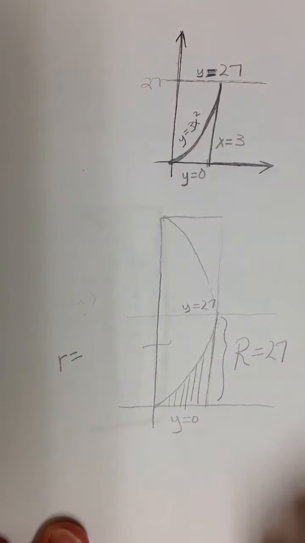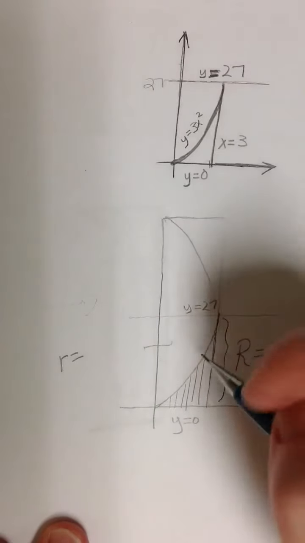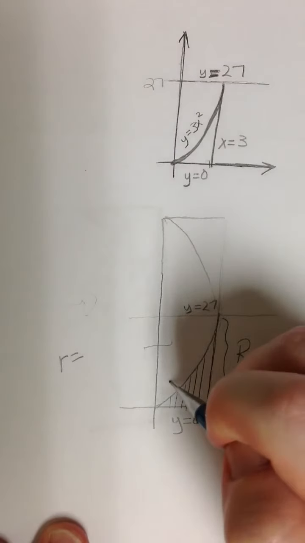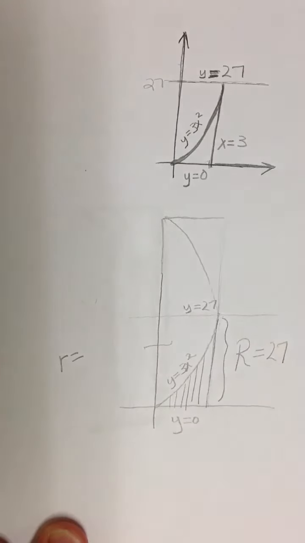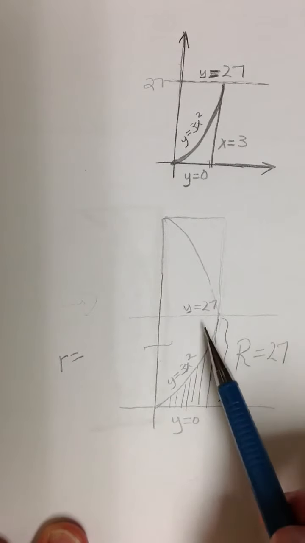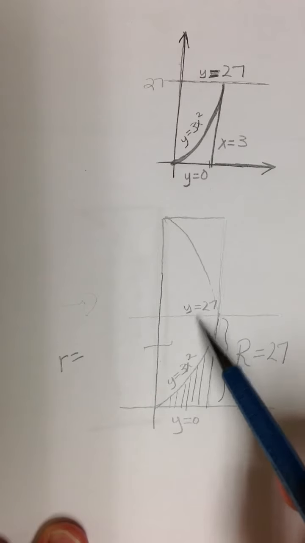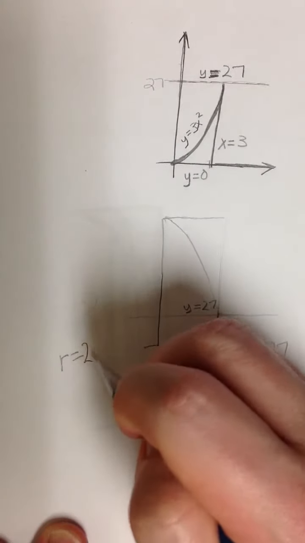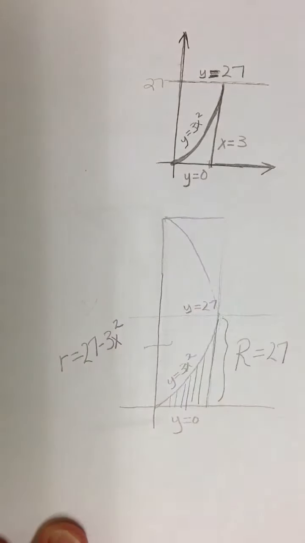And for the inside radius, you have beneath the line y is equal to 27, the closest that this solid will get to y is equal to 27, so we have y is equal to 3x squared. And so from start to finish, the inside radius is going to be the difference, or in essence, the height or the spread from y is equal to 27 down to y is equal to 3x squared. And so for the radius, this will be 27 minus 3x squared.